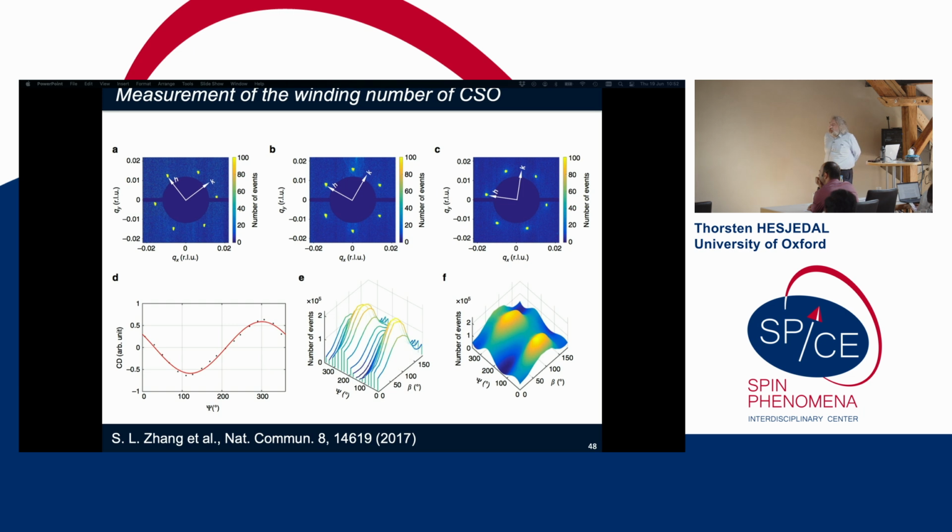Okay, so how does that work in reality? As I said, our problem in reflectivity is that we can only have the fruit fly to work with, really, because in forward scattering, we can't do this analysis. The amplitudes are just too small. And so looking at CSO, copper selenite, we find 3 scans for 3 different psis, and then we have this dichroic intensity plot.